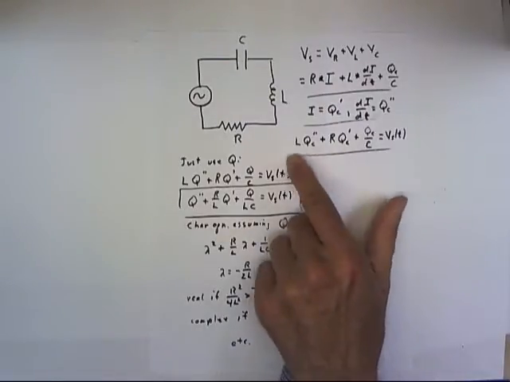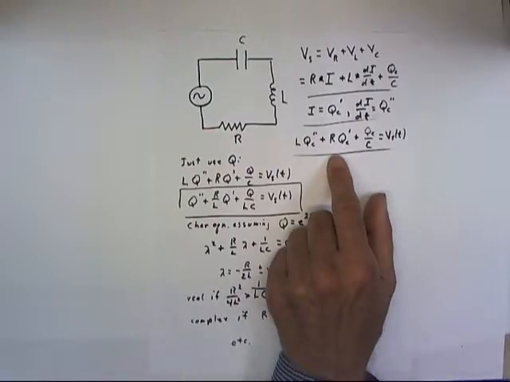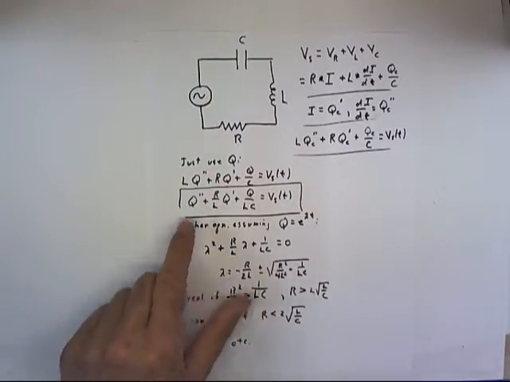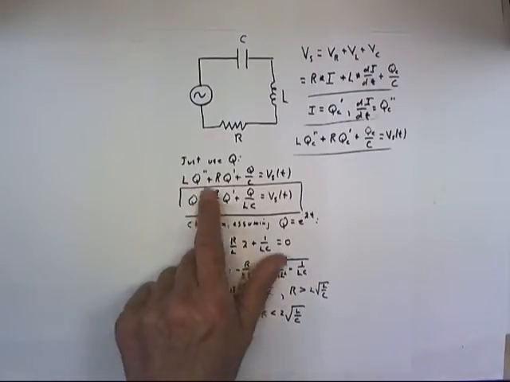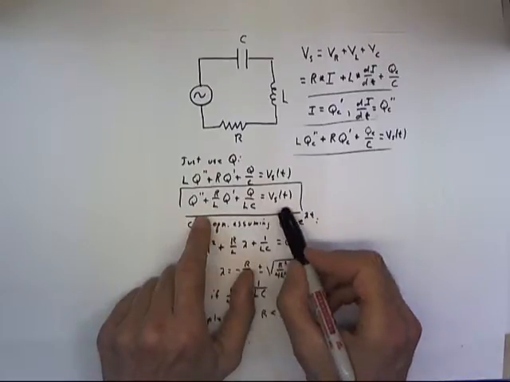So all we have now is simply a linear second order differential equation with constant coefficients, and it's a non-homogeneous equation. So we have this equation that can be written like so. I divide through by L and get this form of the equation.